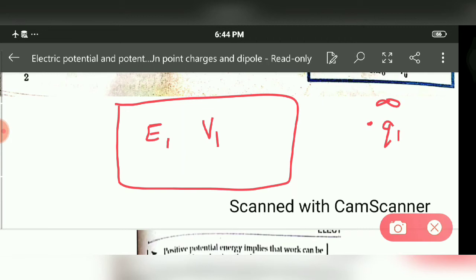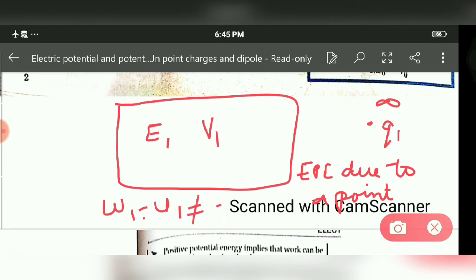In that case the electric potential energy due to a point charge is not going to be 0. In that case W1 or U1 is not equal to 0. It means it has some value there, and that value we can calculate.